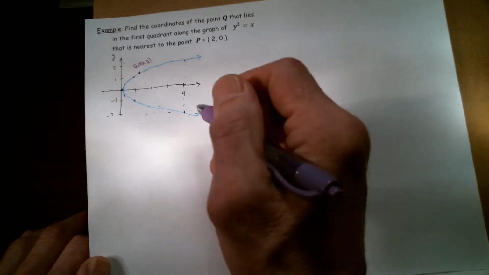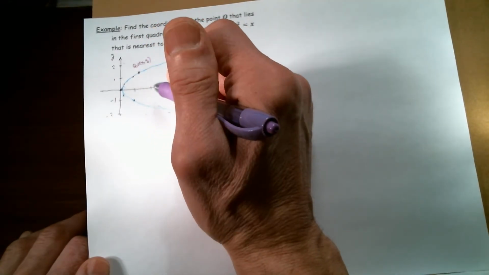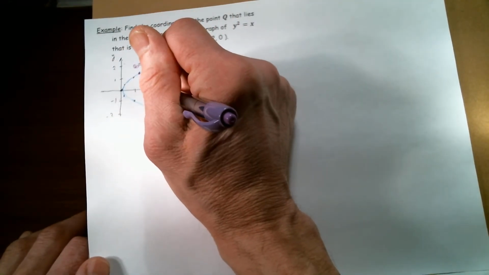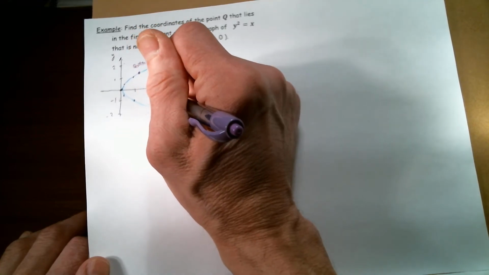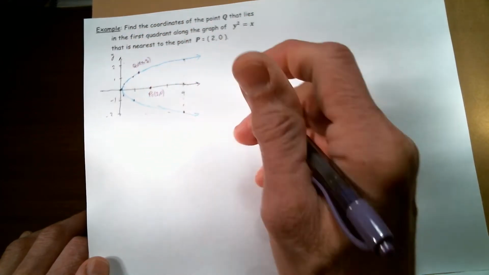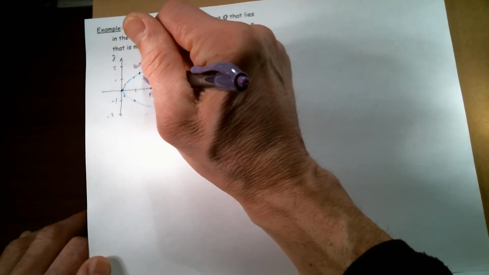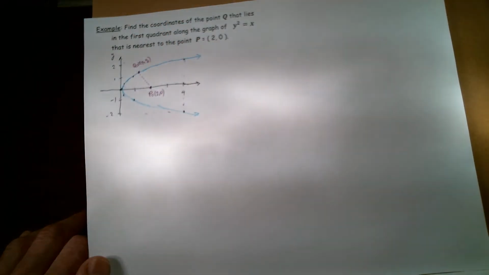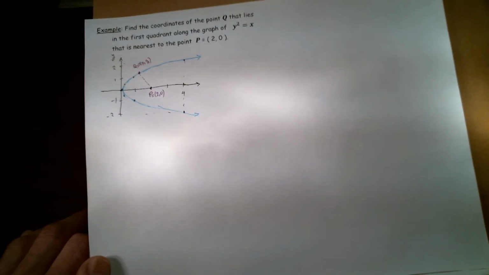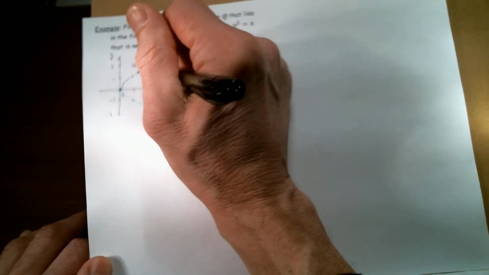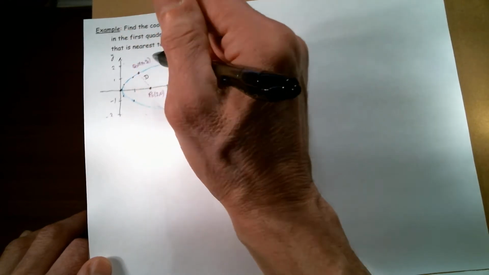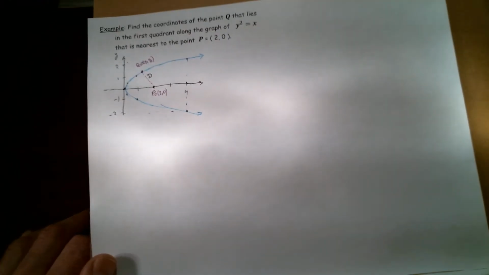Now we want to minimize the distance from Q to P, which is the fixed point (2, 0). So what we have is this line segment PQ of some length, let's just call it capital D, to represent the distance from P to Q.